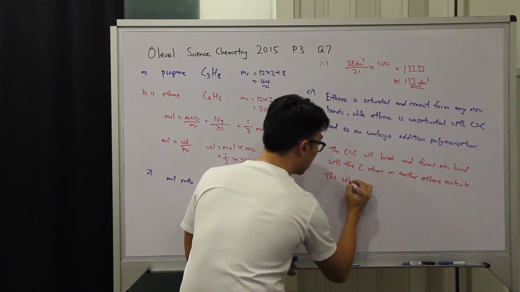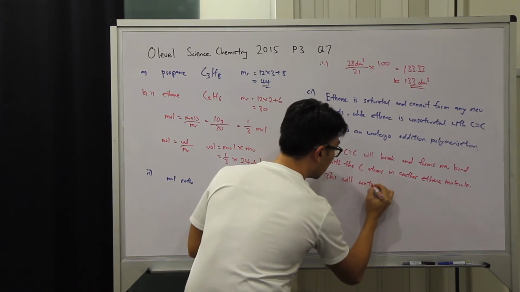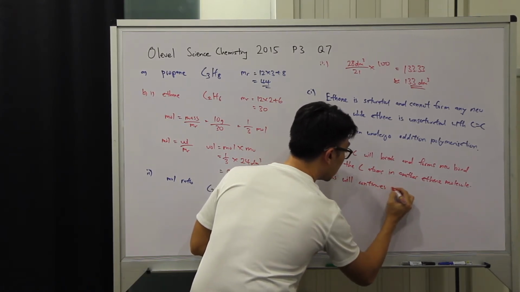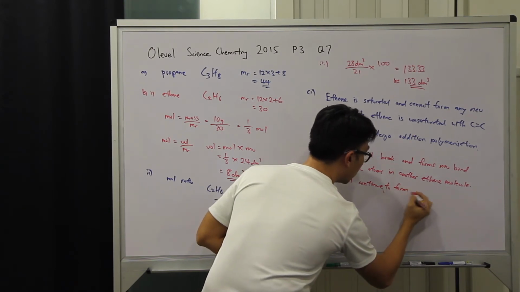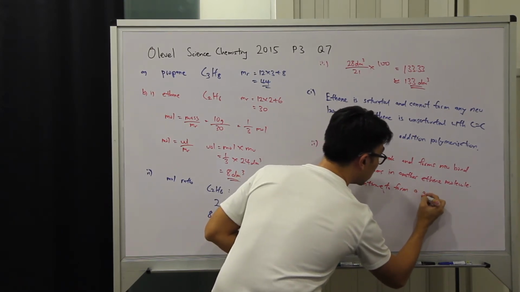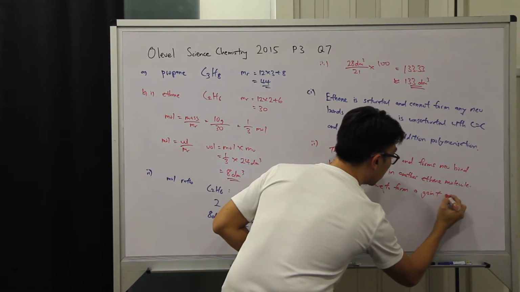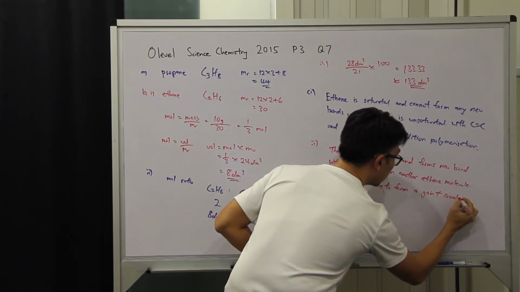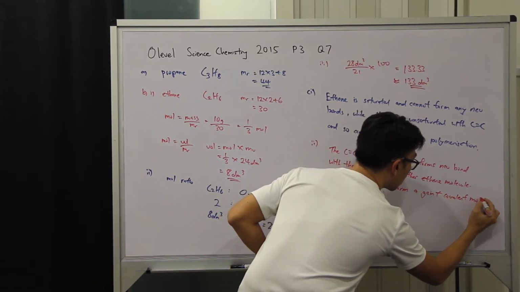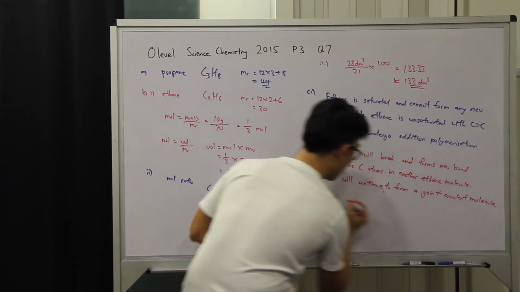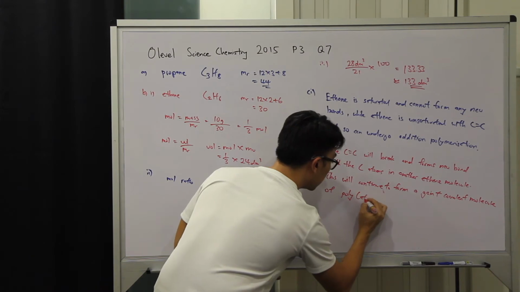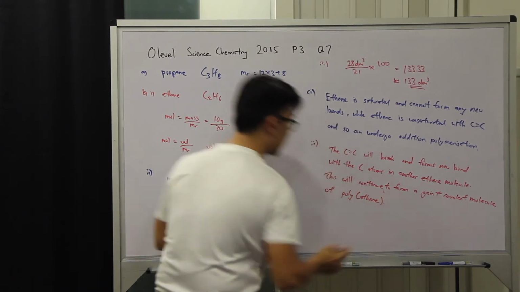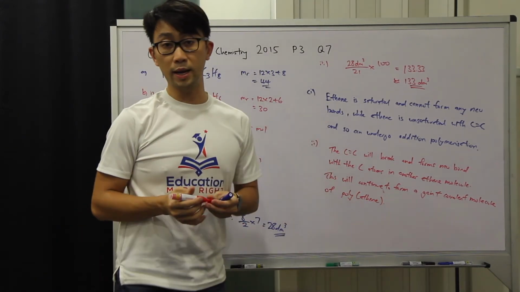This will continue to form a giant covalent molecule of polyethene. Alright, so that's for part 2.